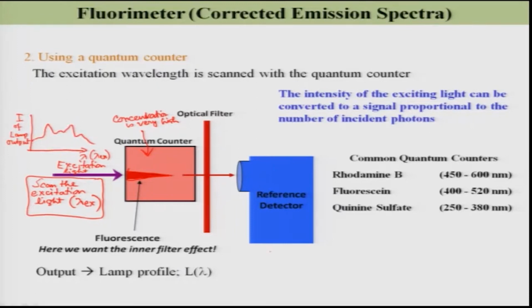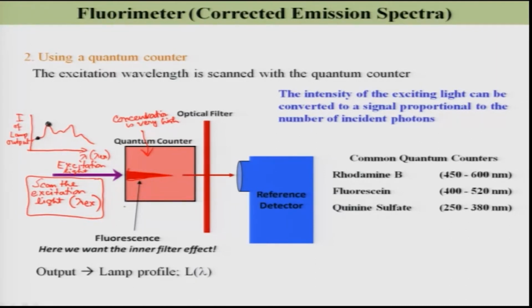When you use this lambda excitation, the total intensity observed by this quantum counter will be less compared to when you use this much intensity at this wavelength, and as you change the wavelength, the total intensity coming out of this quantum counter will vary that way.